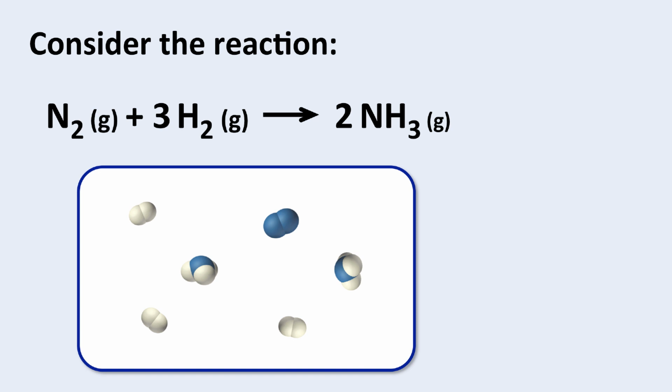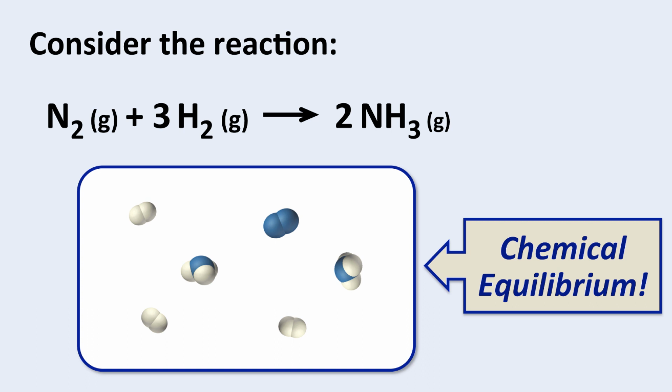Now, if the container is sealed so no materials can get in or out, and it's kept at a constant temperature, then eventually we reach a situation known as chemical equilibrium, where reaction still continues on a microscopic or submicroscopic atomic level, but the concentrations of the reacting species and the species that are being produced stay constant.